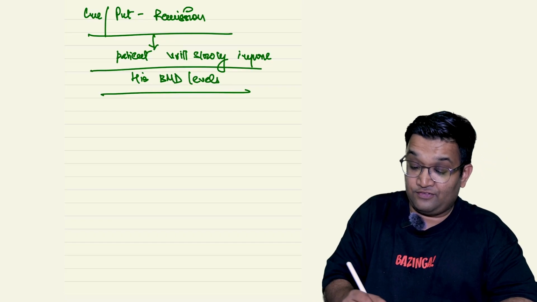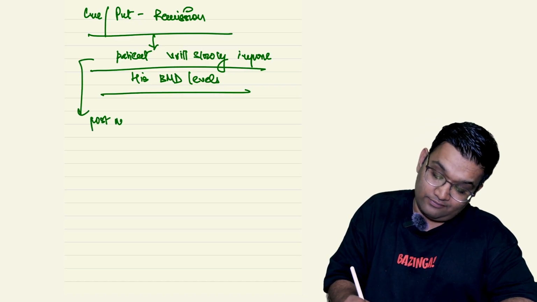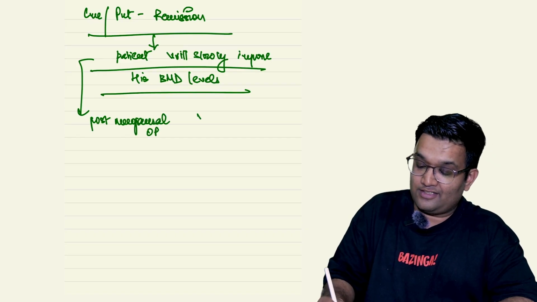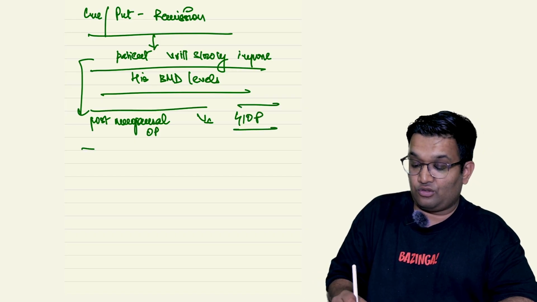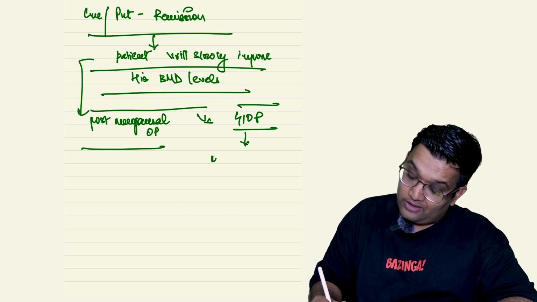Why? And this will never occur in case of a postmenopausal osteoporosis versus your glucocorticoid induced osteoporosis. So why will this happen? Because the microarchitecture is not altered.